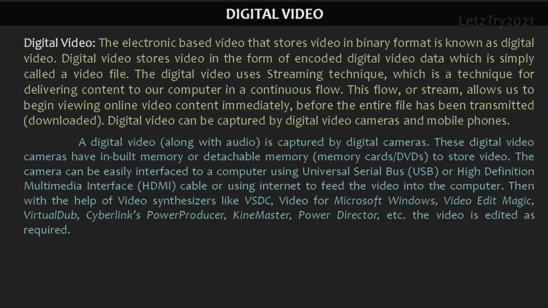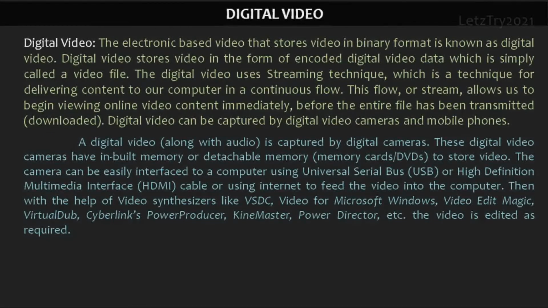A digital video along with audio is captured by digital cameras. These digital video cameras have inbuilt memory or detachable memory using memory cards or DVDs to store the video. The camera can be easily interfaced to a computer using Universal Serial Bus USB or High Definition Multimedia Interface, that is HDMI cable, or using internet to feed the video into the computer.